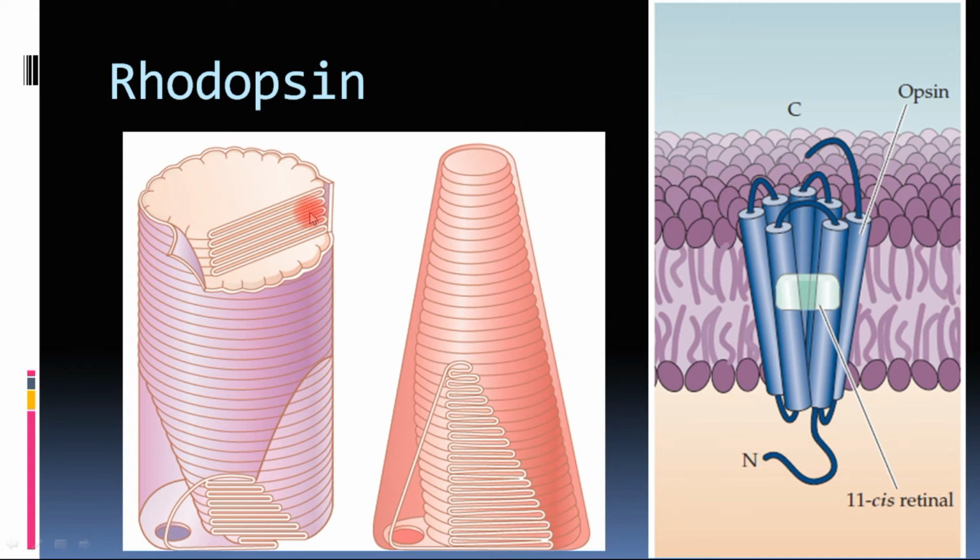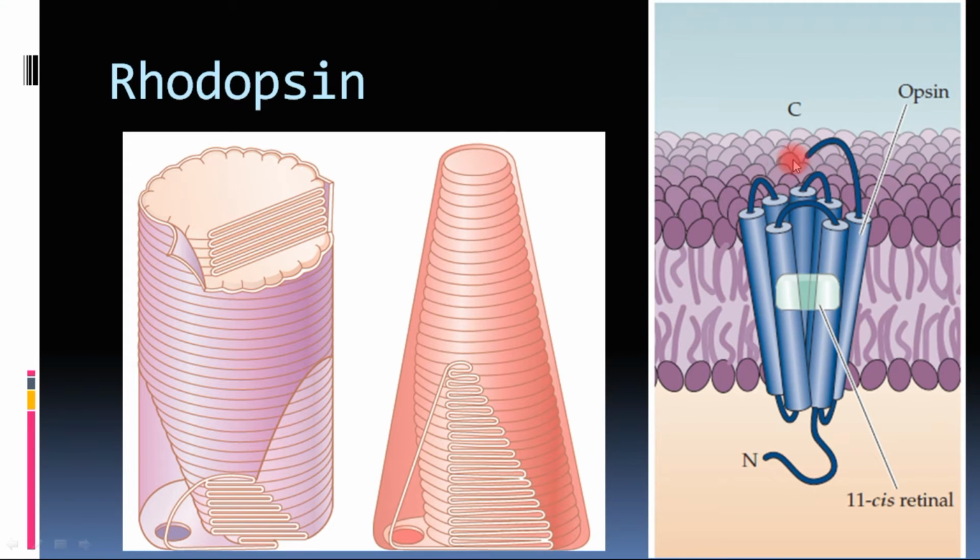As you can see, these discs are extensions of the cell membrane, and in this diagram you can see the cell membrane. This is the molecular structure of rhodopsin. In rhodopsin, the opsin is called scotopsin, and the combination of scotopsin and 11-cis retinal forms rhodopsin.